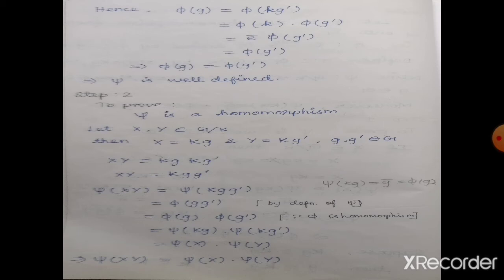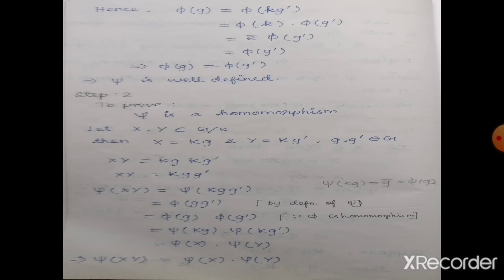You know the definition of kernel: K is the set of x belonging to G such that phi of x is equal to E bar. So since k belongs to K, phi of k is equal to E bar. E bar is the identity element, so E bar times phi of g dash is phi of g dash. So phi of g is equal to phi of g dash. So Kg equal to Kg dash means phi of g is equal to phi of g dash. This implies psi is well defined.